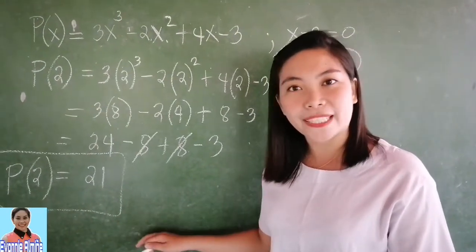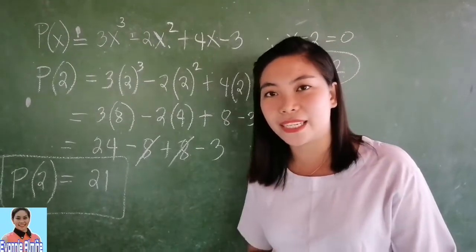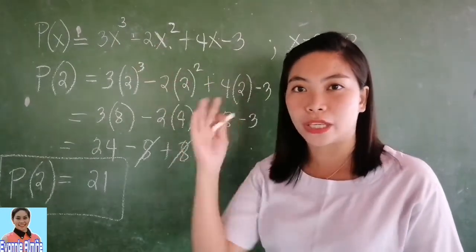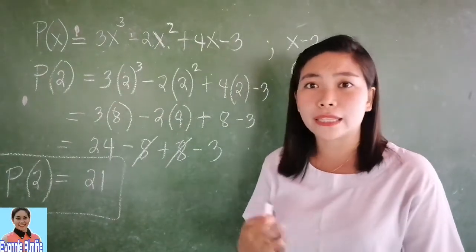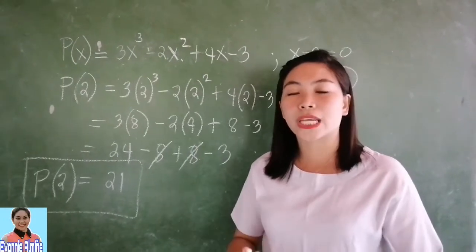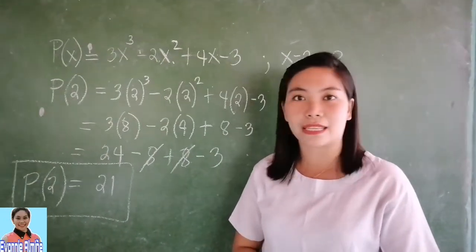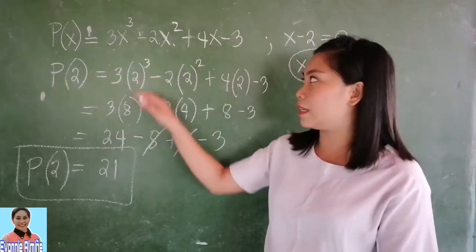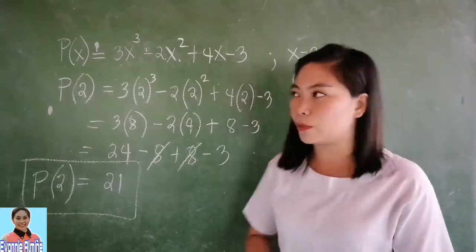We can still apply synthetic division in finding the remainder of the given polynomial equation. So, itry po natin. So, kung natatandaan nyo pa po yung steps in finding the quotient and the remainder using synthetic division, we can easily find also the remainder here in this given polynomial equation.